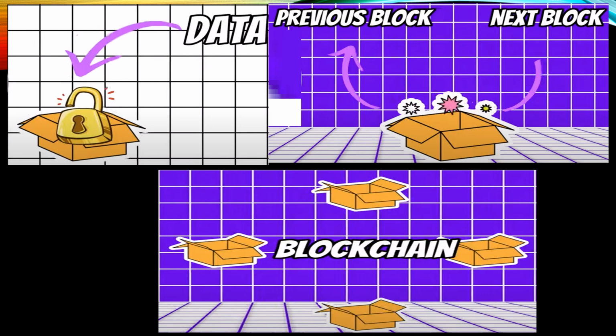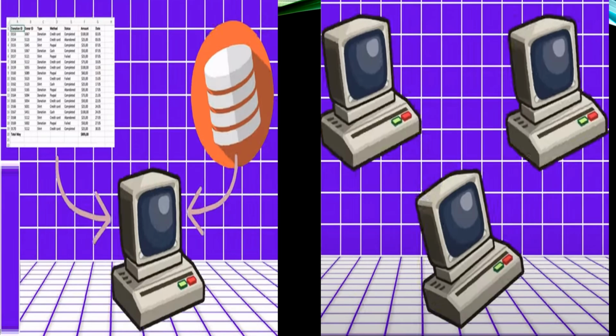This is okay, but if you ask me to explain in technical terms, look at this picture. There is a database and it contains a table in it. In the table we can store the data.